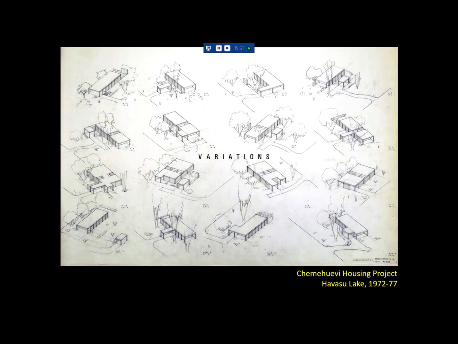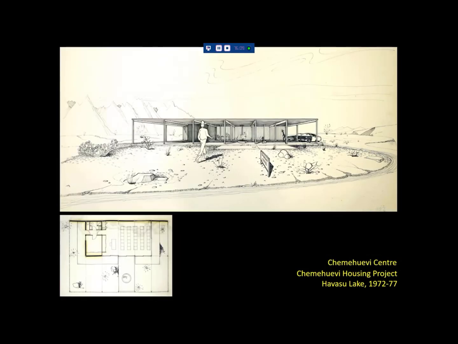There was the Chemehuevi Center, where they had their conference facilities, where there was an office. And I love this drawing because that slightly arch cowboy figure striding across the grass in boots and Stetson hat. Another rather thin version deep in the shadows beside the cars.